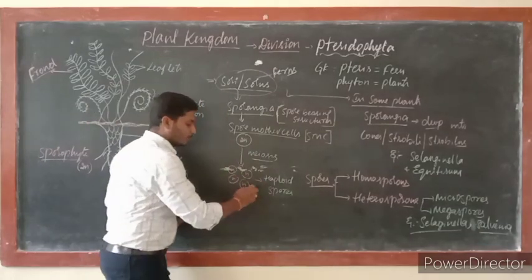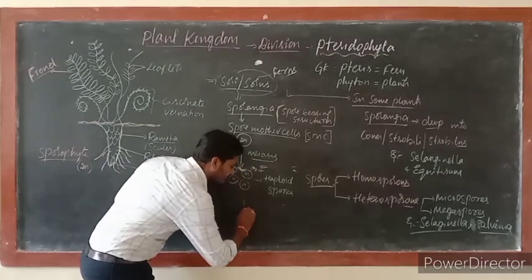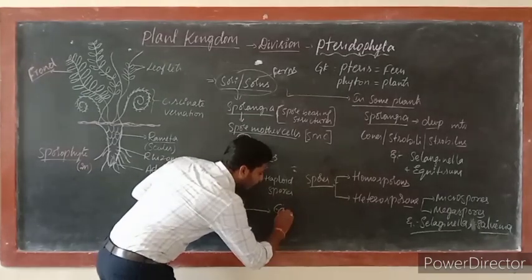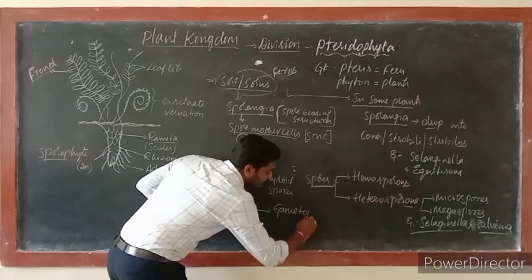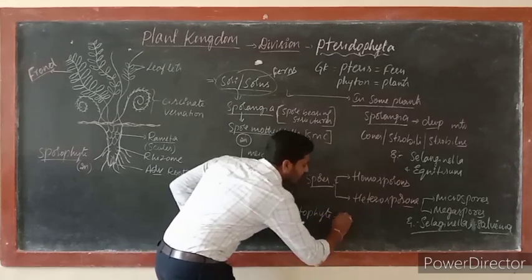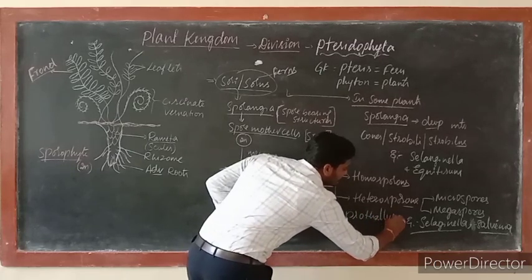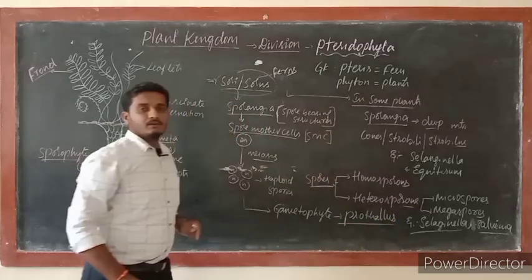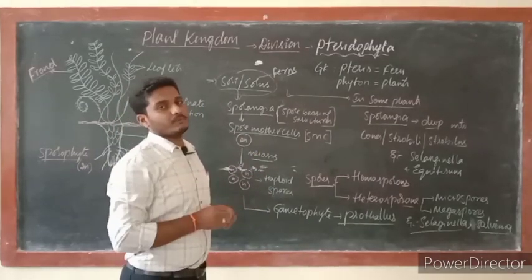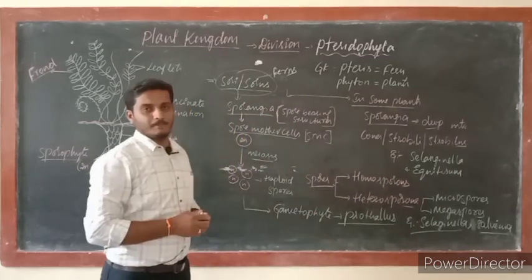The haploid spores fall on suitable media and undergo germination. After germination, they give rise to the gametophyte. The gametophyte is called the prothallus. In the previous division, Bryophyta, we learned about the protonema, primary protonema or secondary protonema.